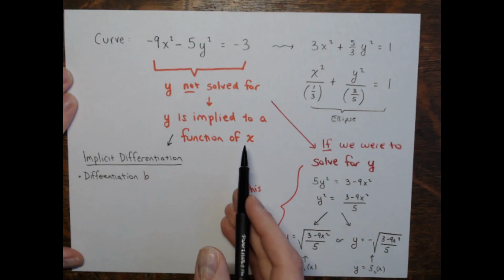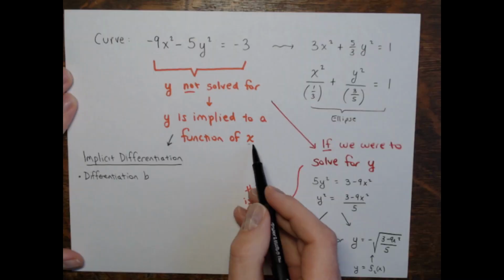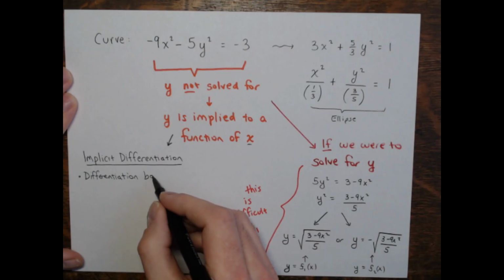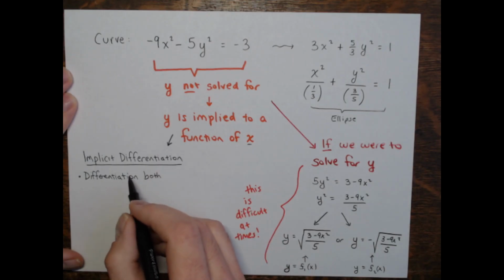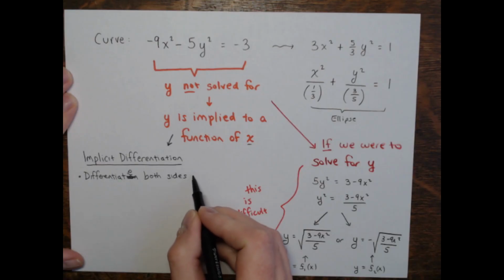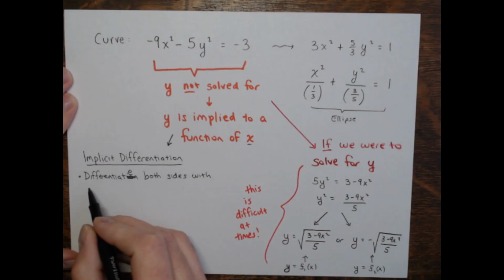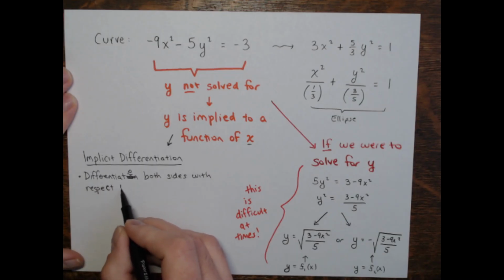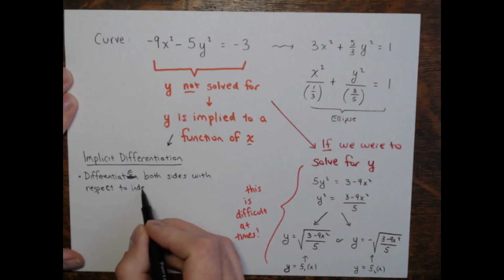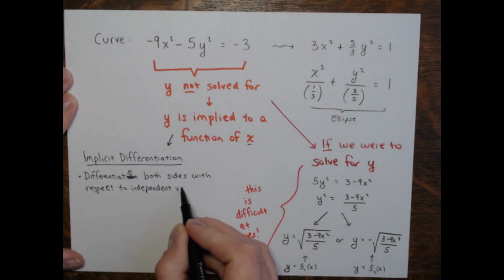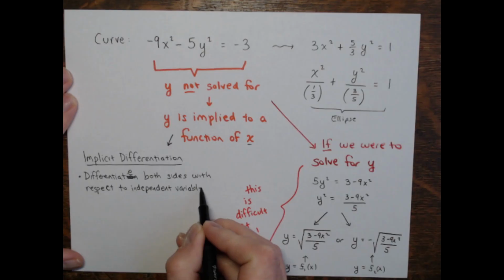Y is implied to be a function of x. So my input is x, my independent variable is x. So you differentiate both sides with respect to the independent variable, which here is called x.